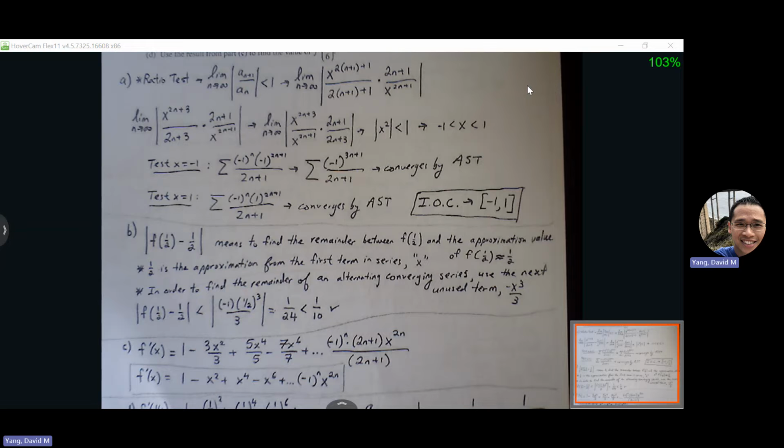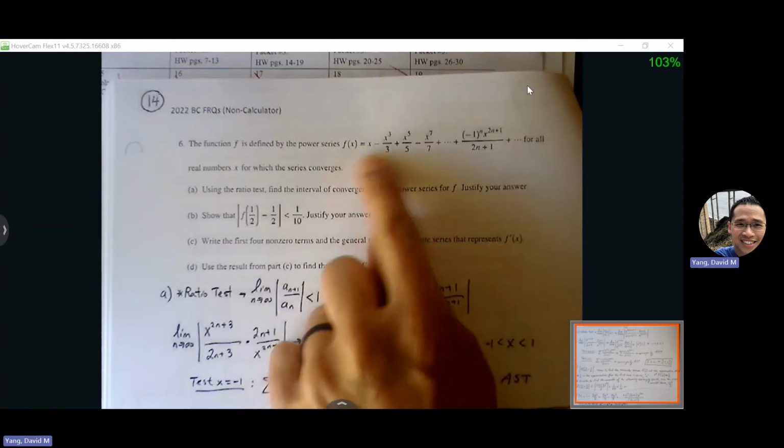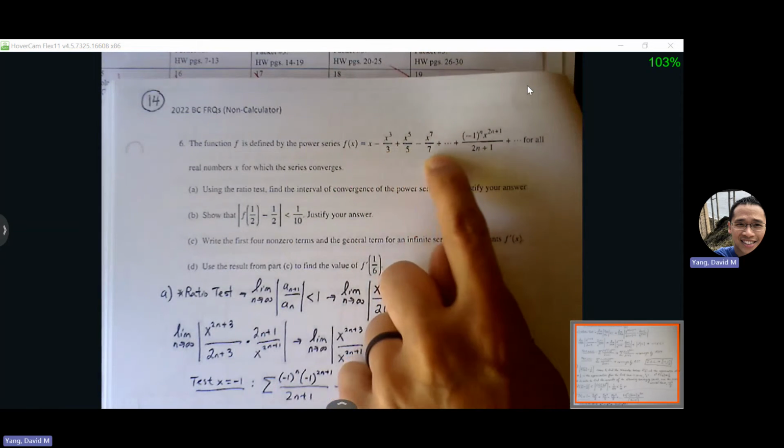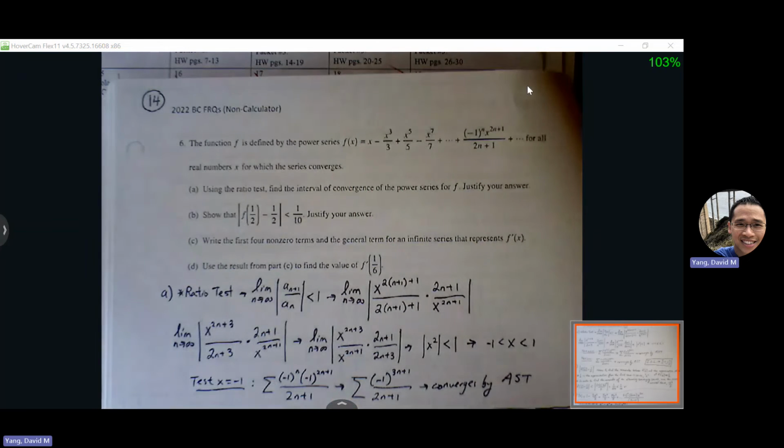Okay, so f of 1/2 is the actual value of the function. The actual value would be adding infinite terms. But a finite number of terms is just an approximation.